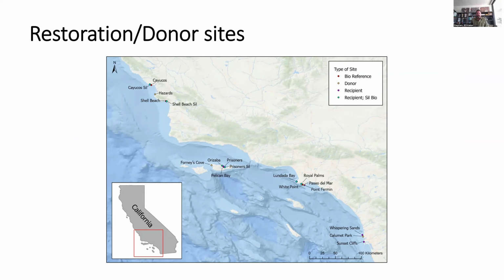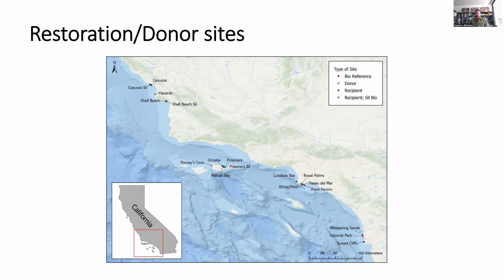Numerous rocky intertidal locations from southern through central California, including the Channel Islands, were selected for various project components. This included sites with healthy Silvetia populations that served as donor sites, as well as restoration sites where Silvetia restoration was needed.